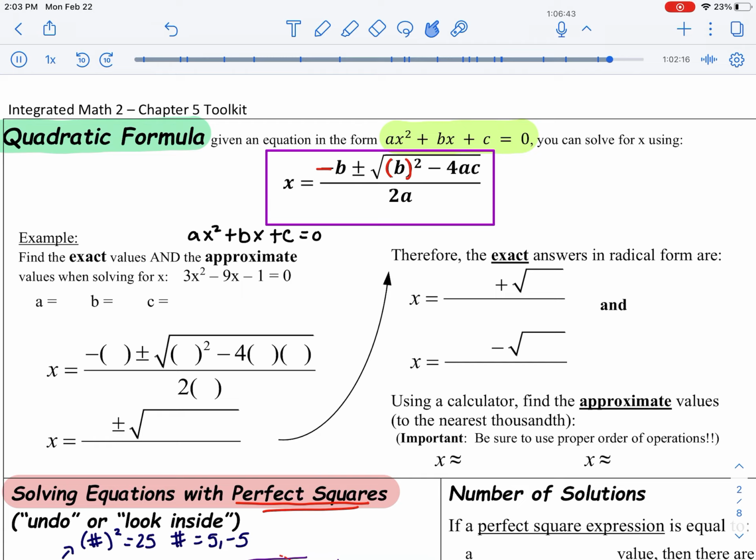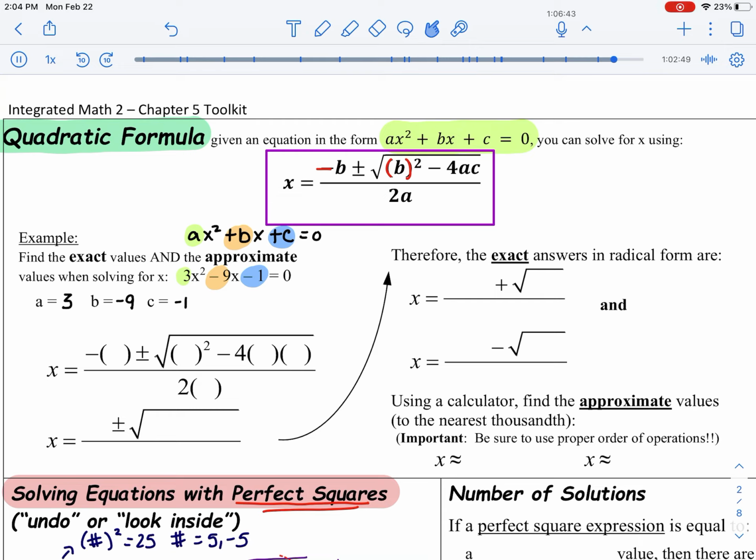Now I can look and identify my pieces and find the number in front of x squared, which is my a, my coefficient on x, which is my b, and my constant term, which is c. So for this problem, my a is 3, my b is negative 9, and my c is negative 1.